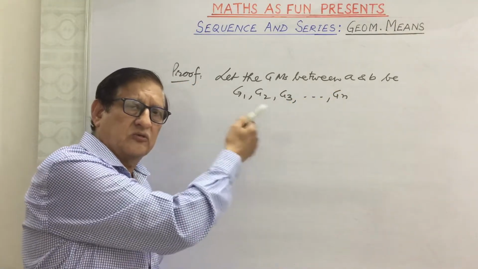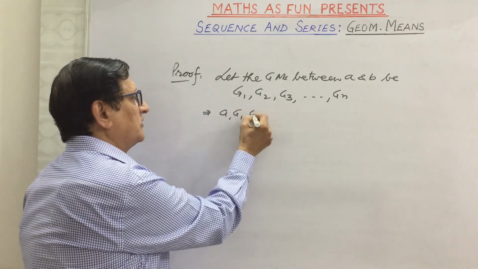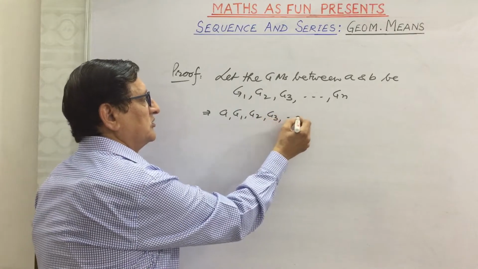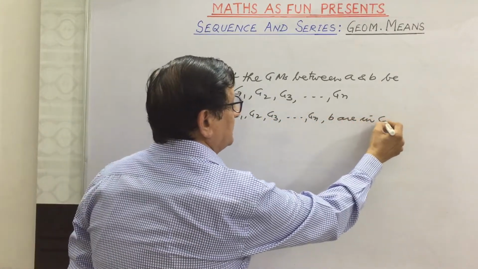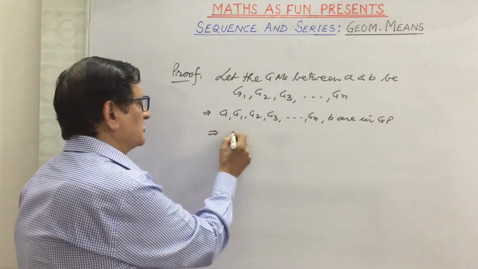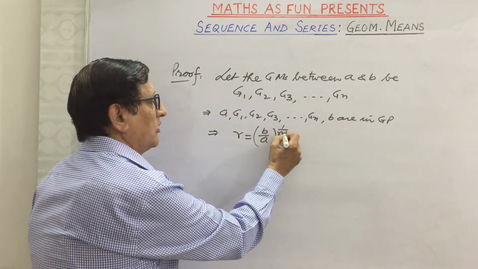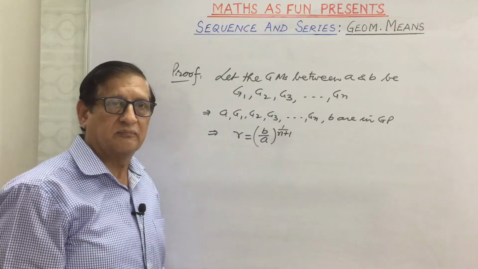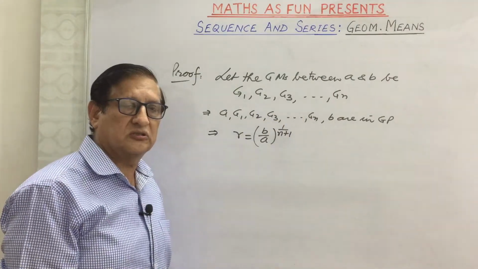Then A, G1, G2, G3, Gn and B are in GP. We have already learnt that the common ratio in this case comes as n plus 1th root of B upon A. And after finding R, we can find out all G1, G2, G3 and so on.